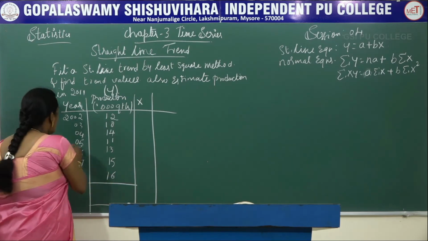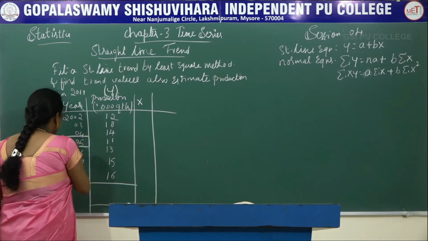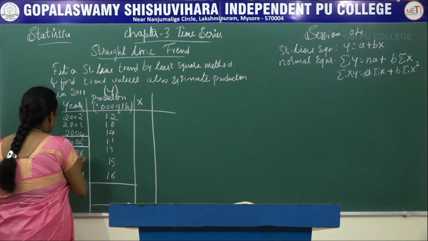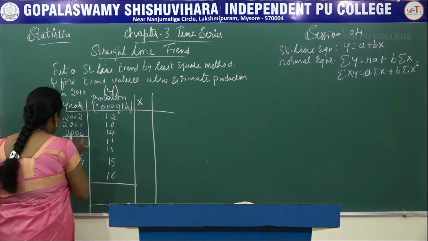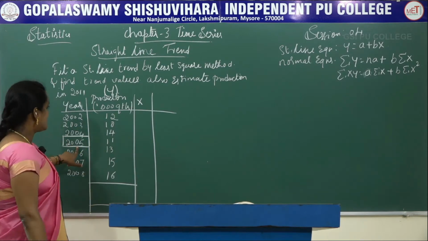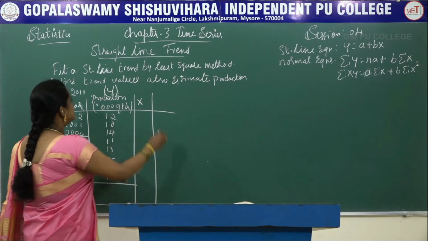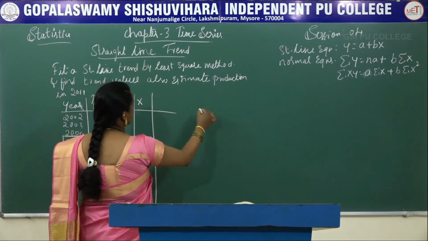We will take the middle of the years. Here it is 2003, 2004, 2005, 2006, 7 and 2008. We will take the middle year, then we will take the deviation.